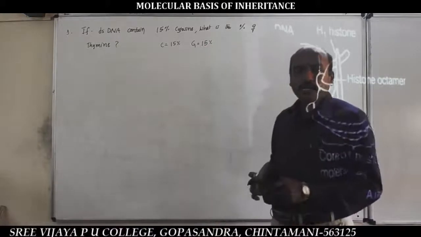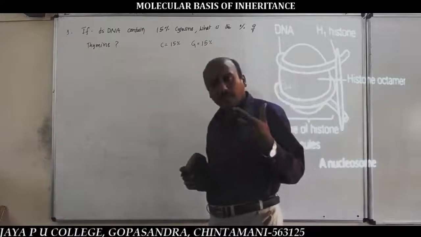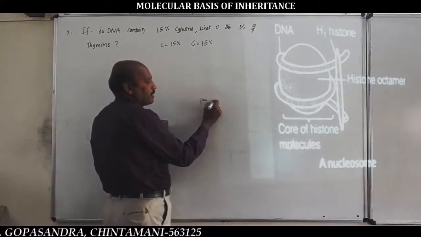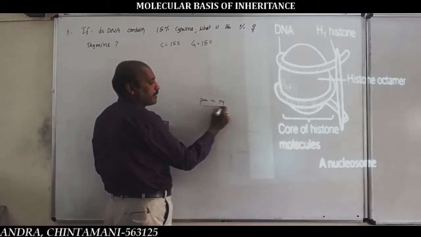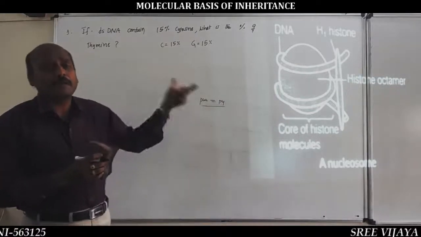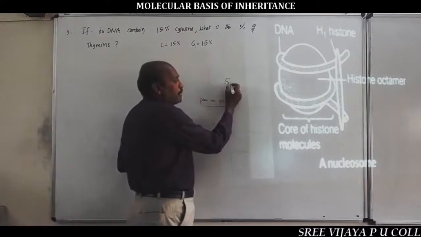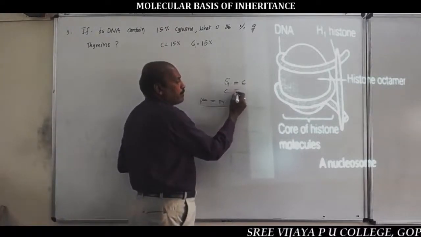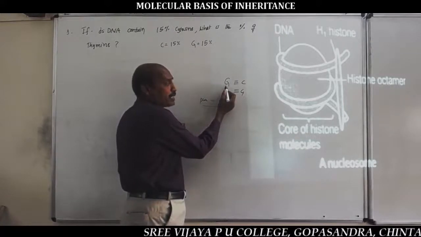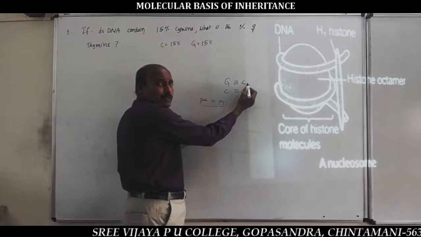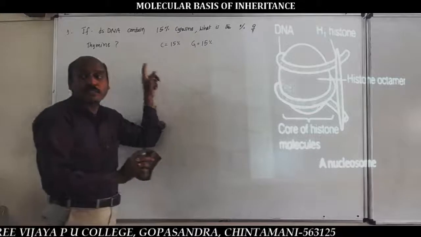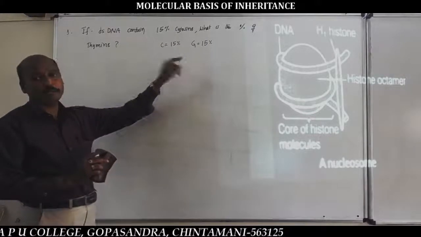Because according to Chargaff's rule, the base equivalence rule, in the double-stranded DNA, a specific purine pairs with a specific pyrimidine. That means guanine pairs to cytosine or cytosine pairs to guanine. The number of guanine molecules equals the number of cytosine molecules or vice versa. So, based on this evidence, G equals 15%.